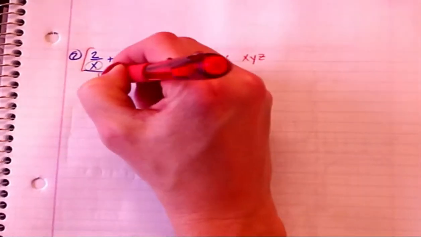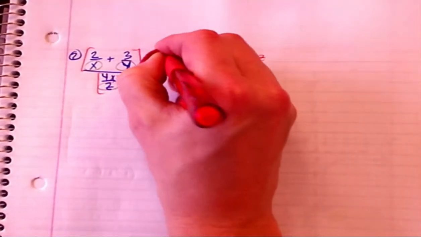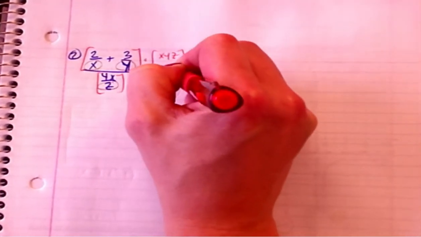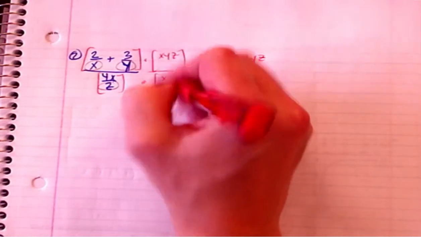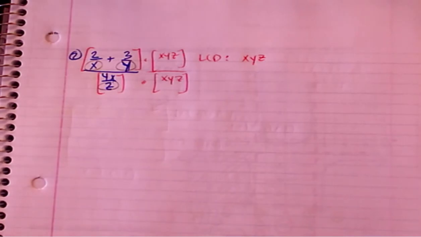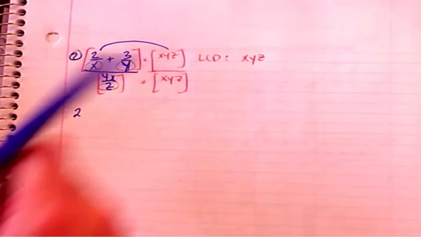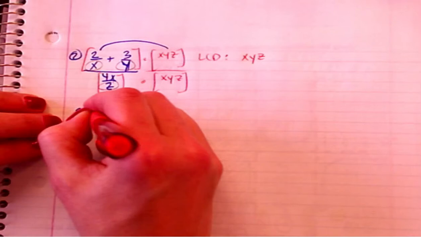And so I'm going to multiply. This one I don't need to rewrite. Okay, times x, y, z times x, y, z. Notice that what I'm multiplying by is equal to 1. That's why this is staying equivalent. I'm going to distribute. I'm going to write this step out because it's a little bit shorter.